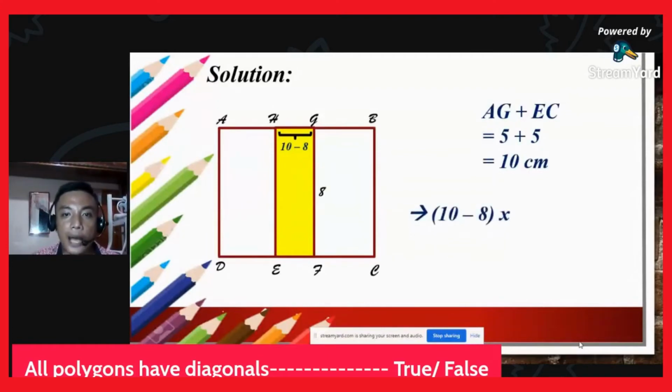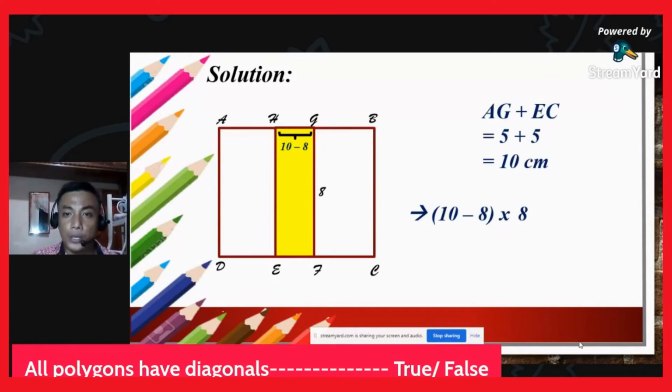So we can now get the area of the rectangle EFGH. That is 10 minus 8, which is the width of the rectangle, times 8, which is the length of it.